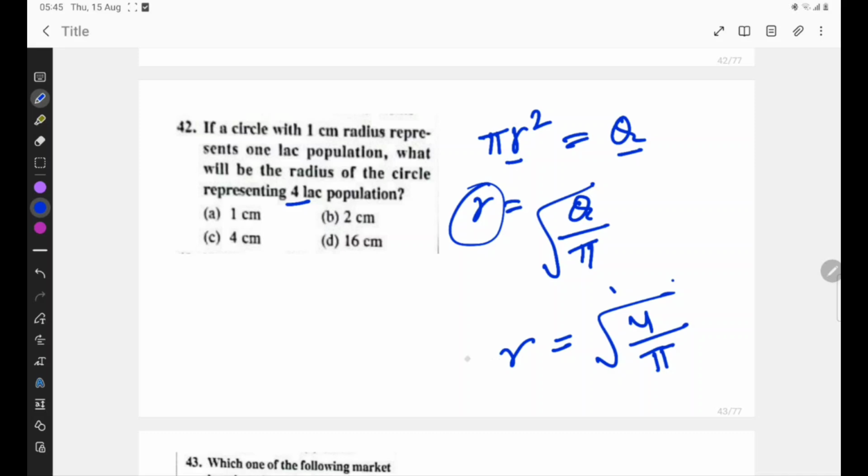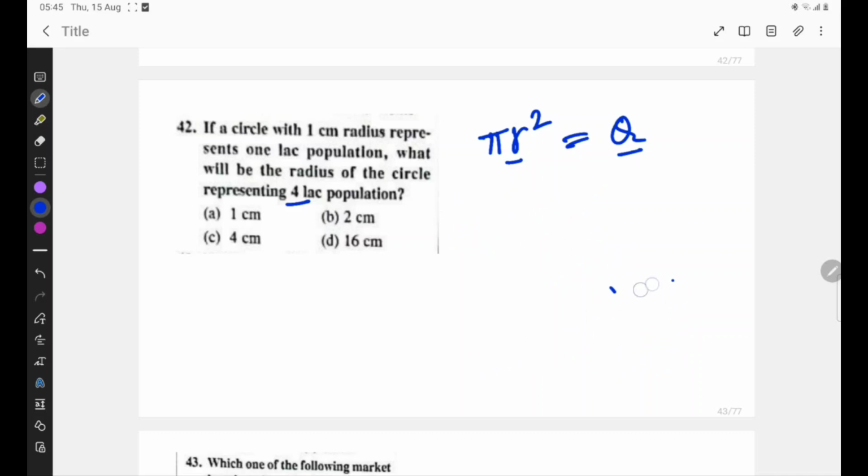No, actually this is not the way to calculate the radius of the proportionate circle. See, this is always in terms of proportions, that is why they are proportionate circles. So pi r1 square is equal to q1 and pi r2 square will be q2.